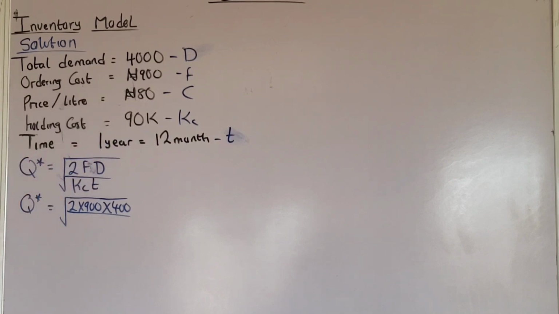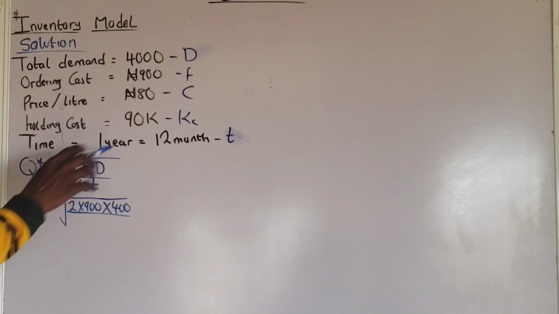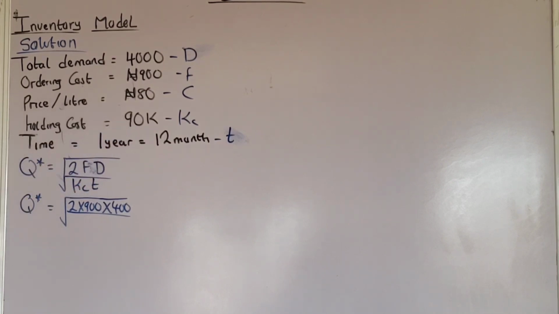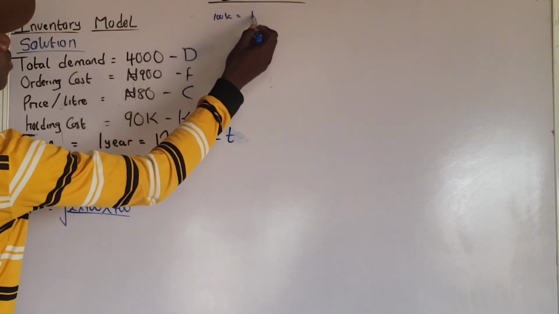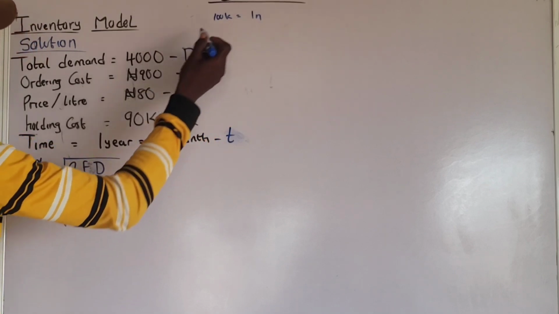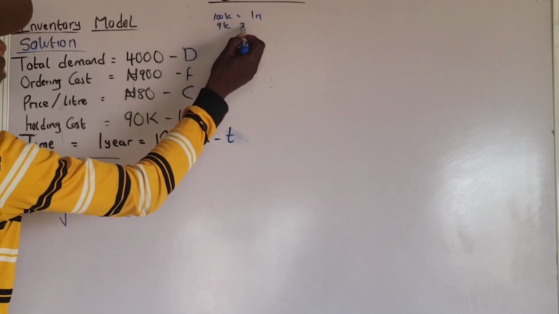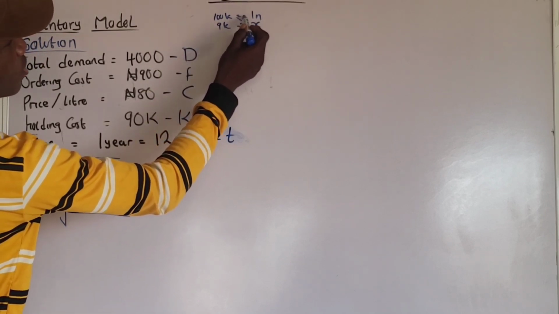We cannot use it directly, because it is in kobo, we have to convert it to naira. So, if you want to convert 90 kobo to naira, how will you do that? Don't forget that 100 kobo is equals to 1 naira. So 90 kobo will be equals to x. So take the cross product.